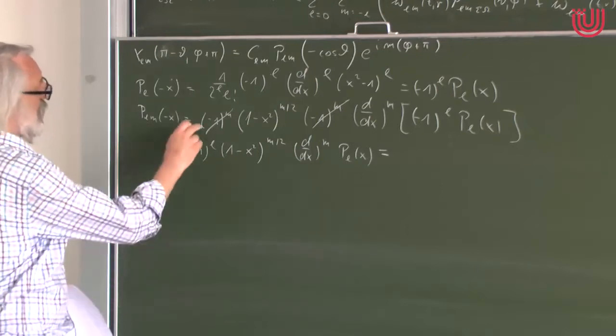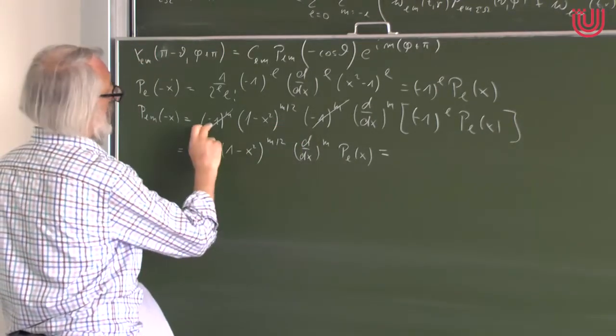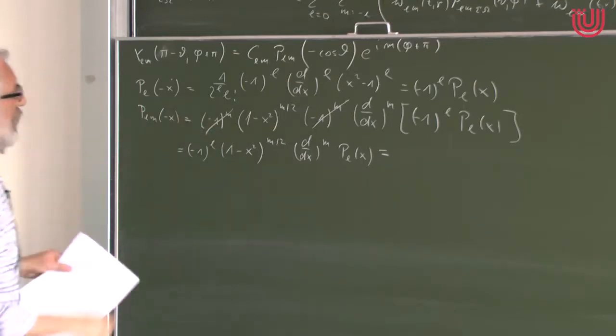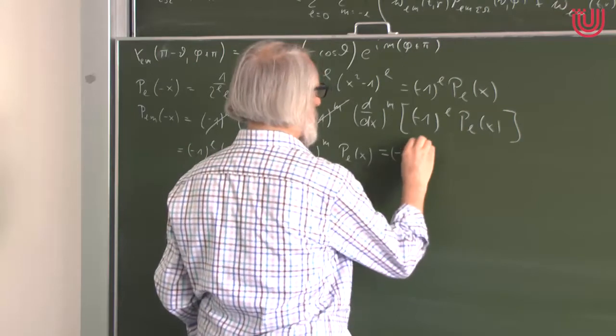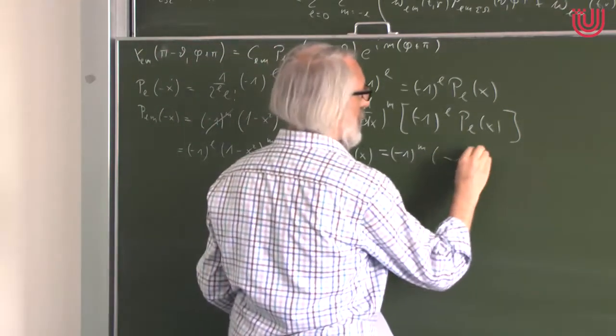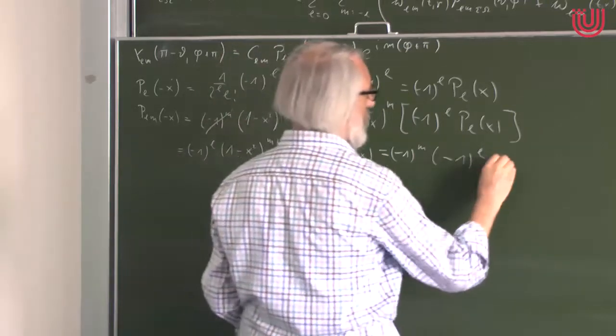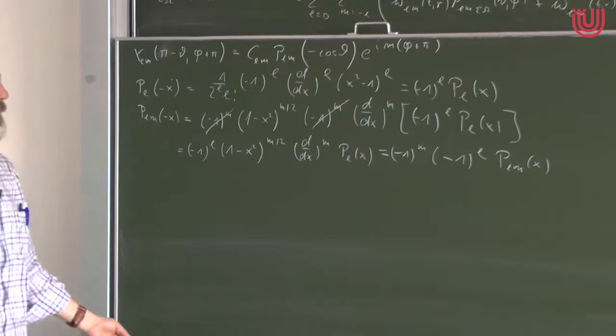Oh, maybe I shouldn't have cancelled this. Yeah, because I need one factor minus 1 to the m for the PLM. So one factor survives. Then I have this factor here, minus 1 to the L, and then I have PLM of x. Okay.